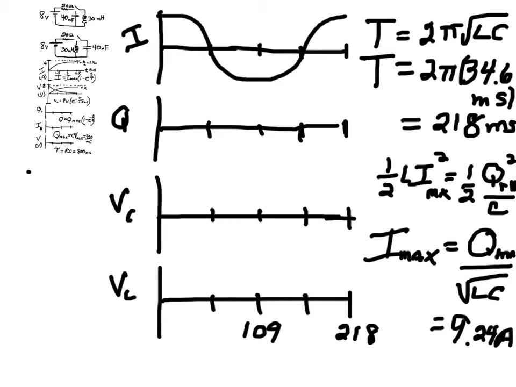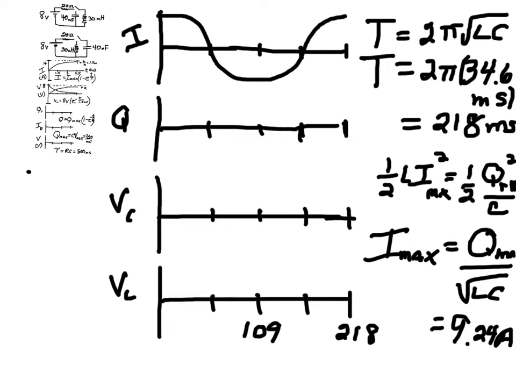So this would be 54.5, 109, 163 or something, and then 218. And so we have the current, because that's the thing we know. Now, we know the capacitor starts uncharged.